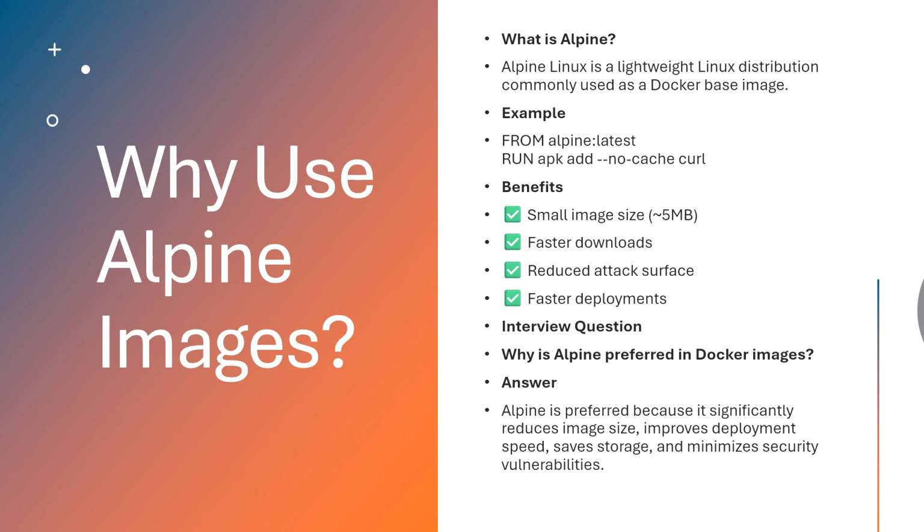Finally, because fewer packages are installed, the attack surface is much smaller, which improves overall security. So altogether, Alpine is preferred because it significantly reduces image size, improves deployment speed, saves storage and minimizes security vulnerabilities.